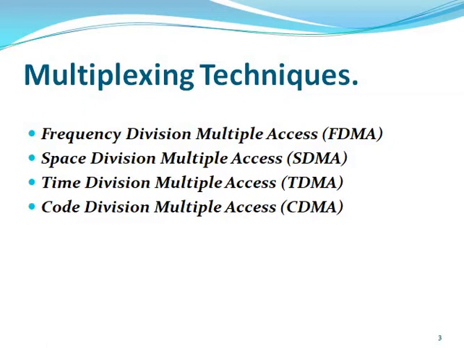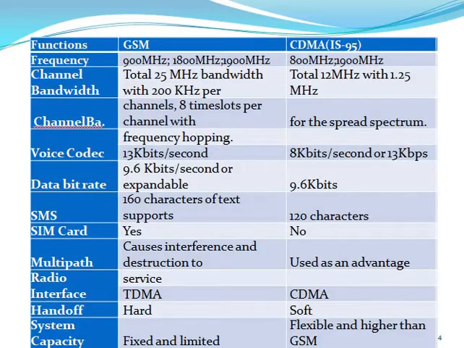We also discussed the difference between GSM and CDMA, the frequency for GSM and CDMA, and parameters such as channel bandwidth, voice codec, and data bit rates, with a comparison of all the parameters.